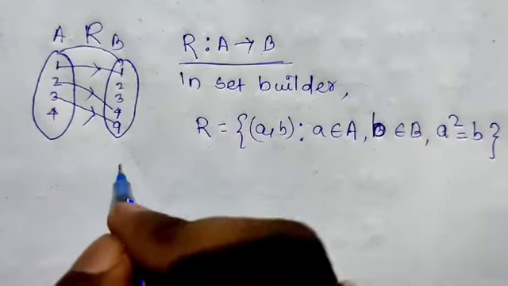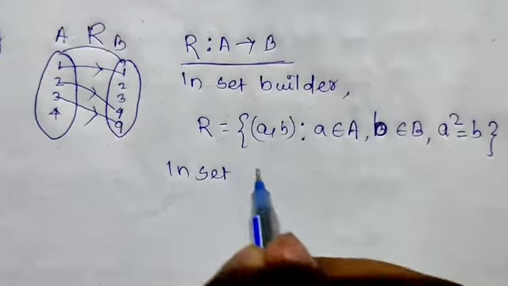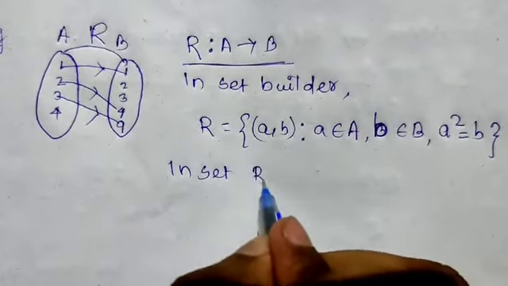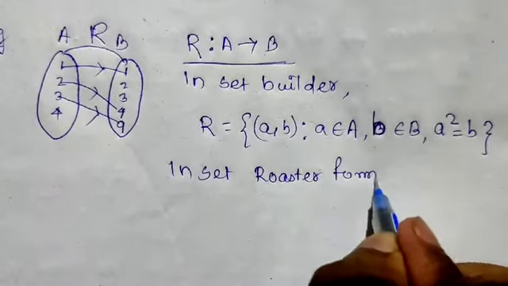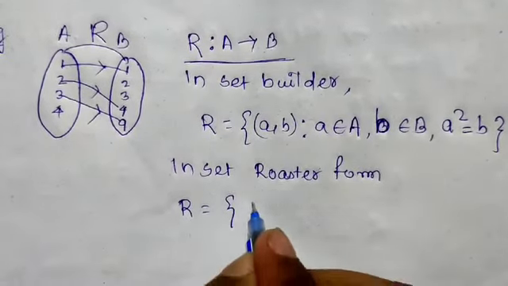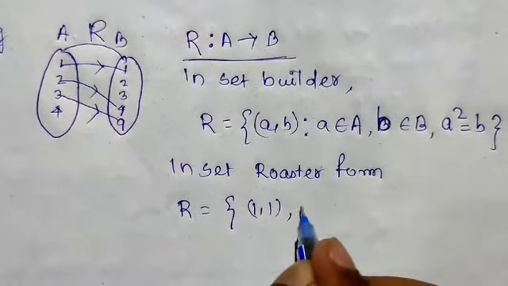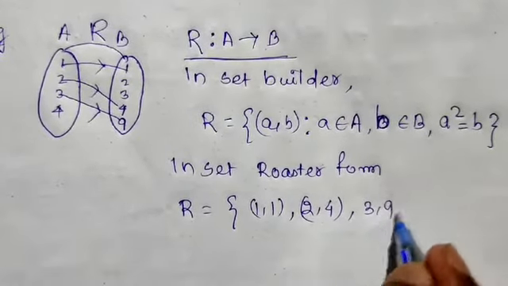In set roster form we may write R is the set of all ordered pairs (1,1), (2,4) and (3,9).